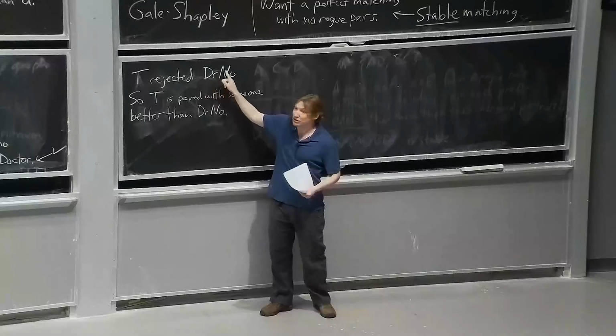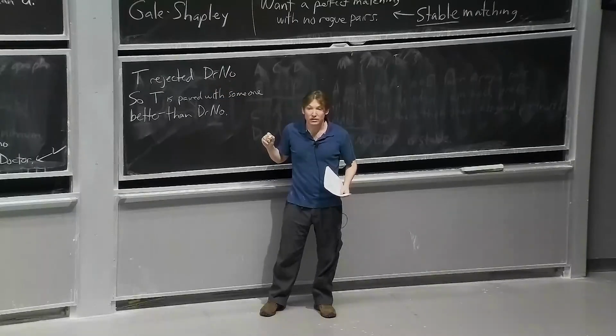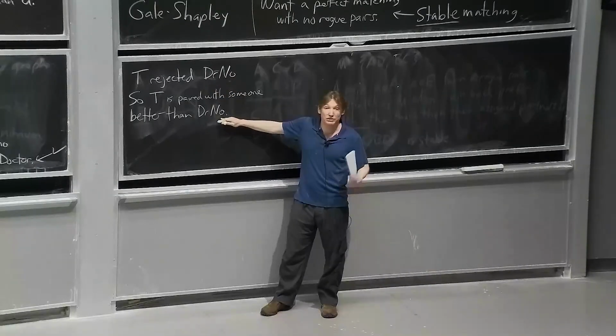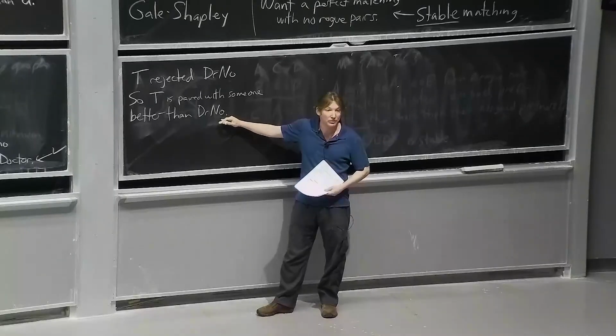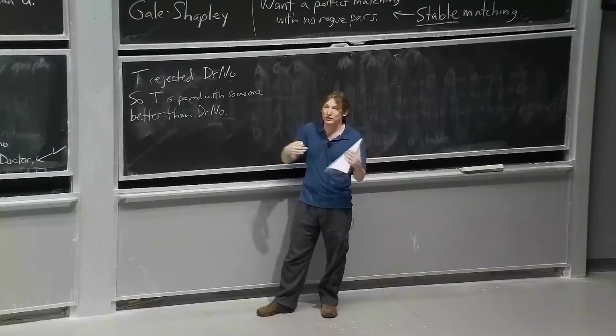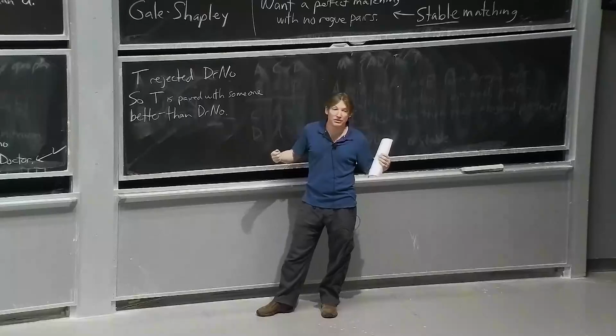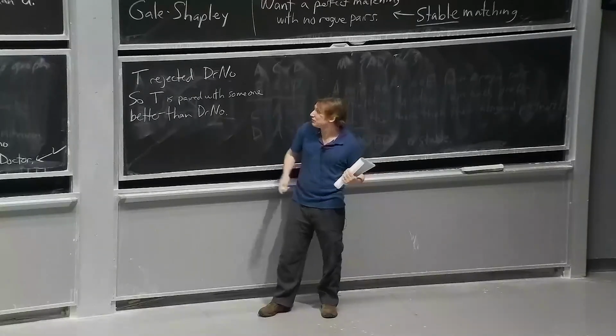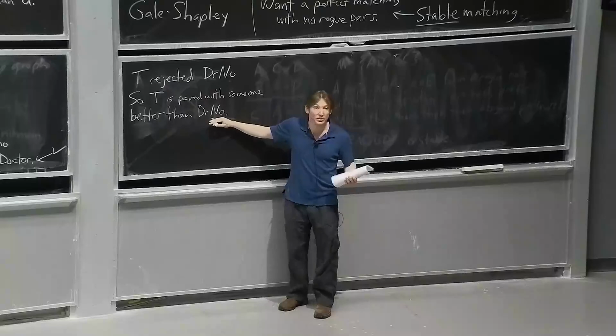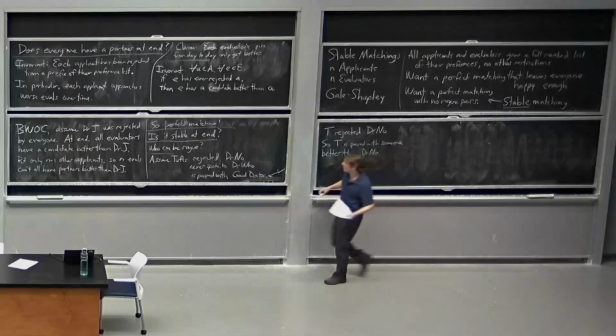So Tufts and Dr. No can't possibly be rogue because Tufts is happier with who they end up with than they would be with Dr. No. Remember, a rogue pair requires both members of the pair to prefer each other rather than their assigned partner. So since Tufts is happier with their assigned partner than with Dr. No, Tufts and Dr. No cannot be rogue.